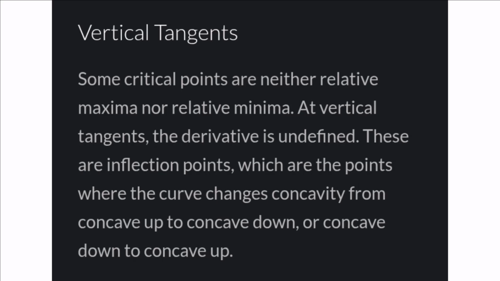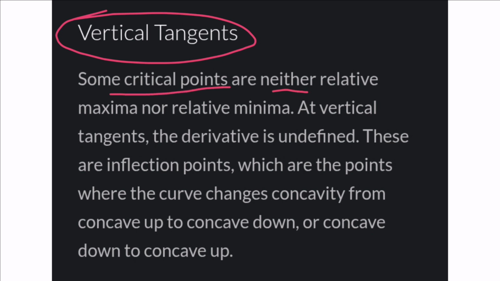Now third one. Third one is vertical tangent. Critical points on which vertical tangents occur. Some critical points are neither relative maxima nor relative minima. Means that there are some critical points on which neither relative maxima nor relative minima occur.